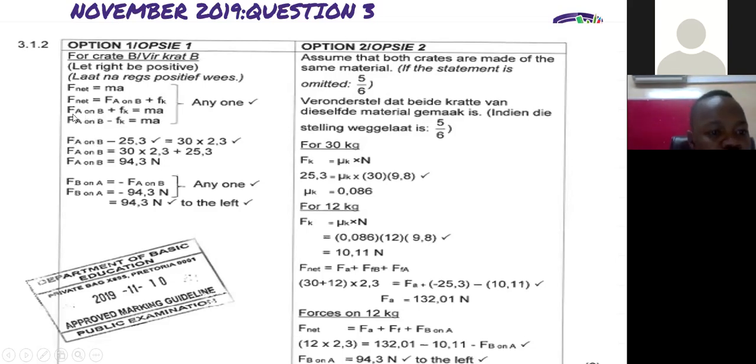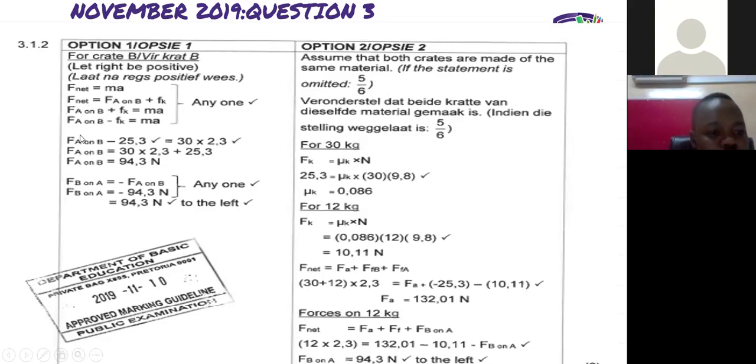The force of A on B is what I want to calculate, because the force that A exerts on B is actually the same as the force that B exerts on A. So now I'm calculating it as the force that crate A exerts on B, but then I will conclude that the force that crate A exerts on B is equal to the force that B exerts on A. So I am solving for this, my dear learners, the force of A on B. So this and this is the same thing.